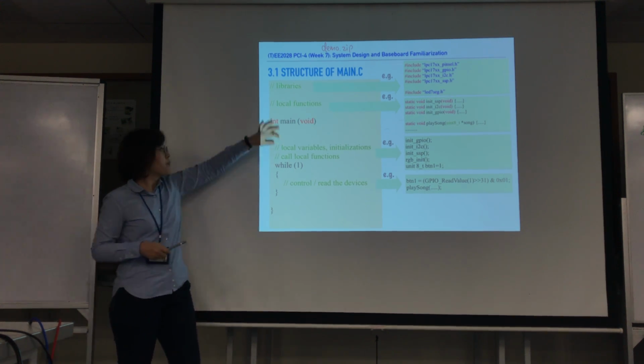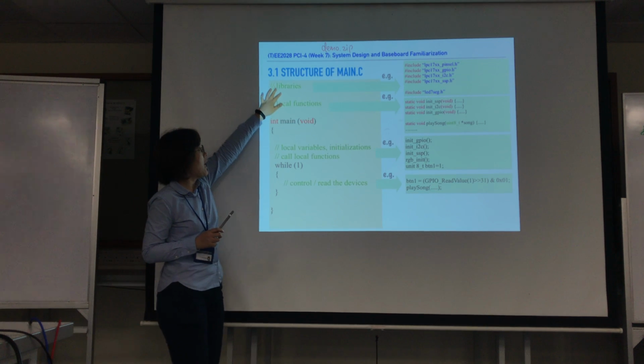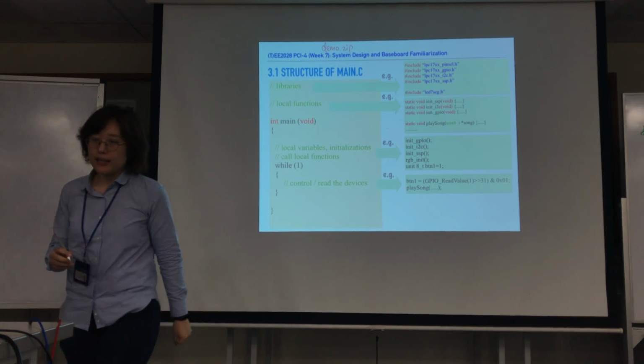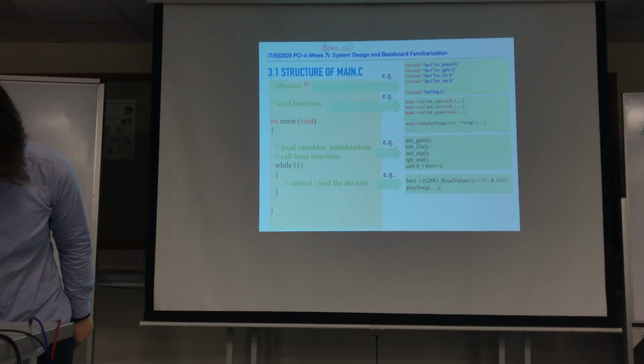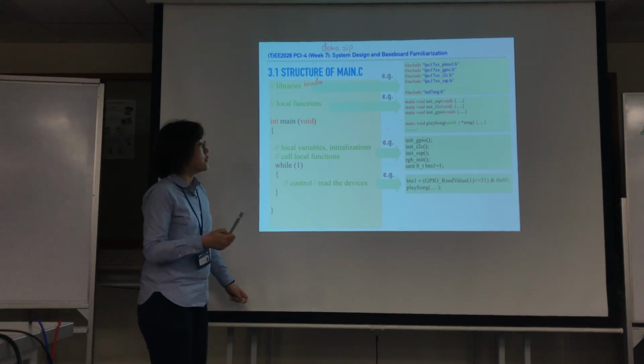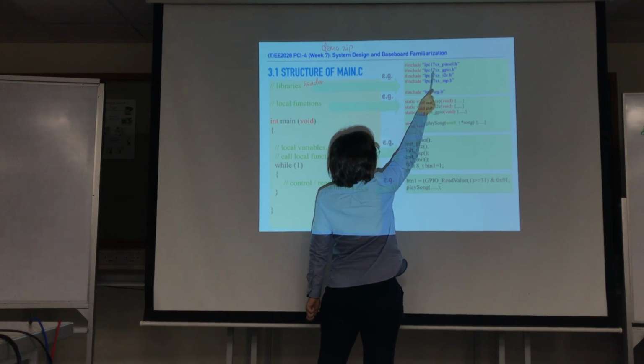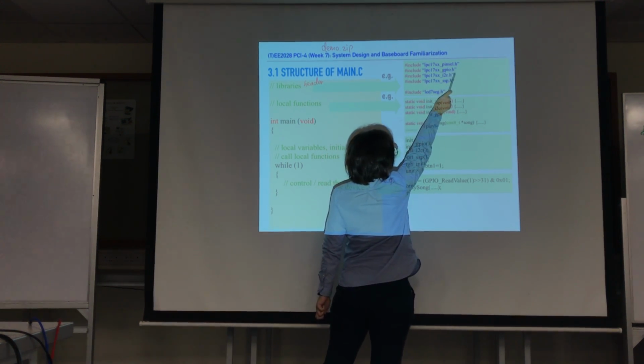Okay? So this is for the main.c you should have. At the beginning, you have the libraries, basically all the header files. For example, you see this LPC17xx_gpio.h.